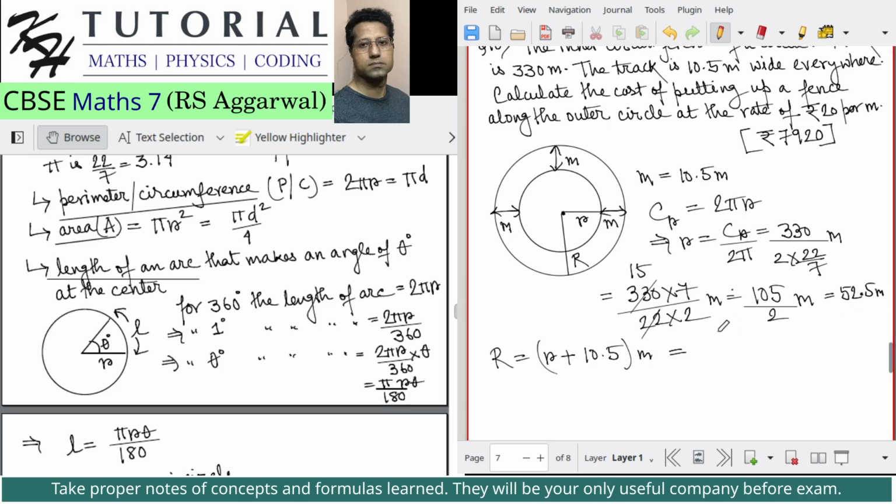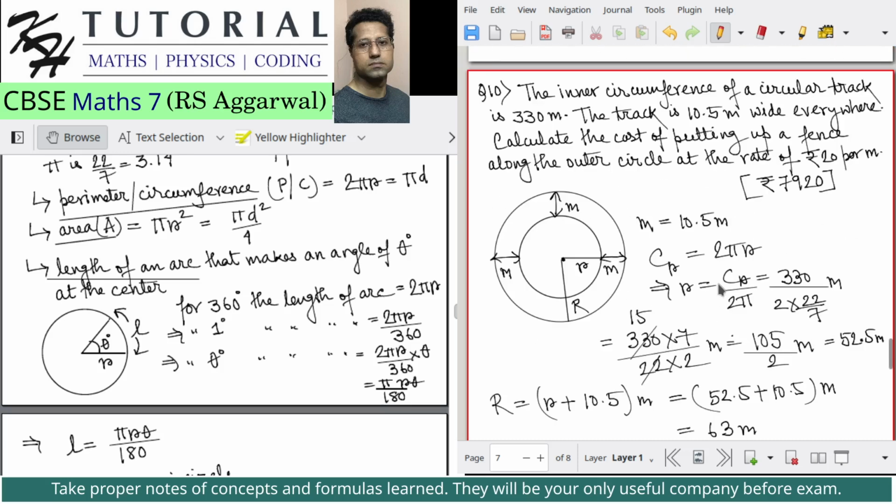So this is equal to 52.5 plus 10.5 meter, which is equal to 63 meter. Capital R, the radius of the outer circle, is 63 meter.